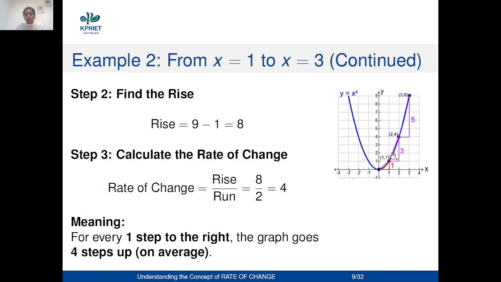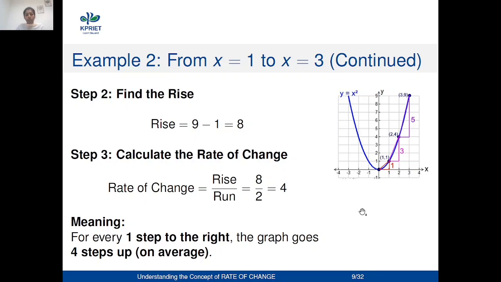So 1, 2, first jump, 1, 2, second jump, 1, 2, third jump, 1, 2, fourth jump, which means for the points 1 to 3, for the 2 units, the rate of change is 4 units. So that is the meaning of rate of change. That is the meaning given here: for every one step to the right, the graph goes 4 steps up.